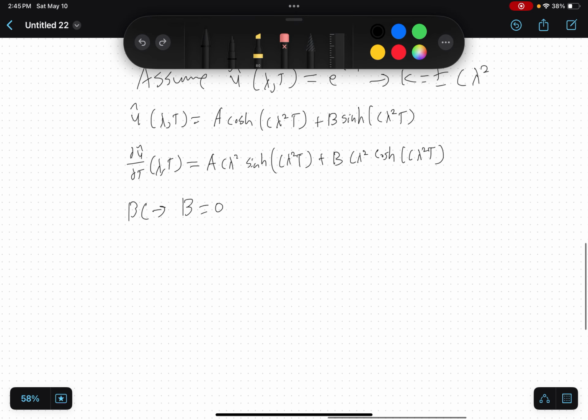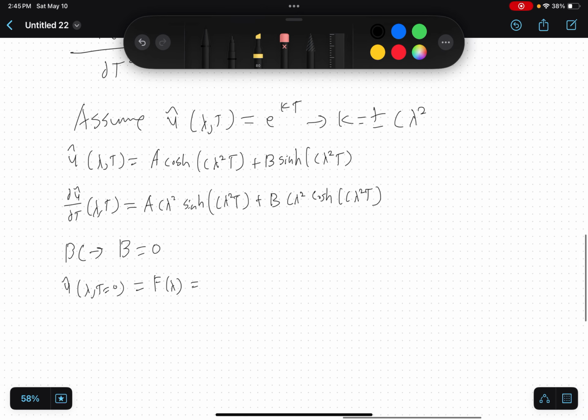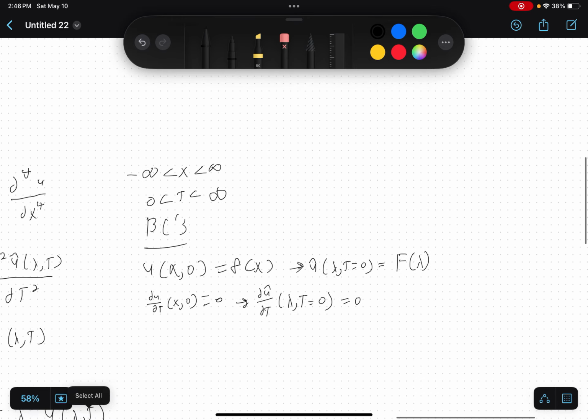Okay. Plug in the second one, and you get U. Yeah, so that's literally it, right?